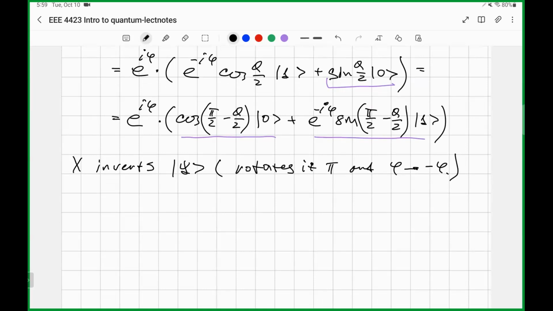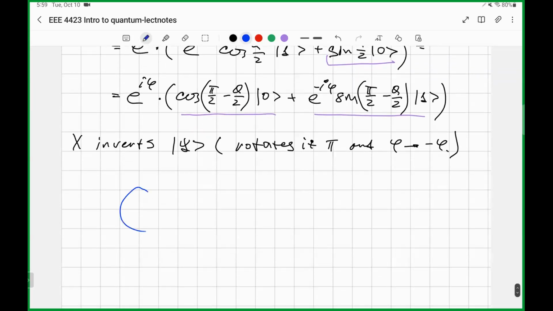So, for example, in terms of this Bloch sphere, if you have any state like this one, psi, it flips it, rotates it by pi over x, and flips the angle phi. So it's going to be somewhere here.